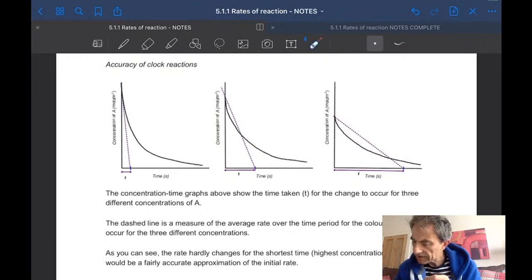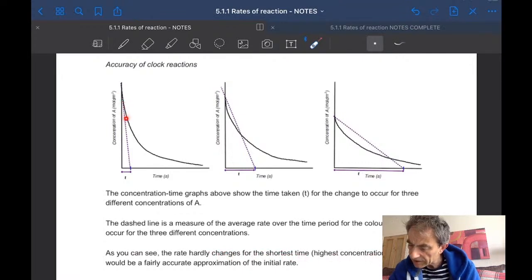so as you can see in the high concentration example, the average rate for the time period, this one here, pretty much matches the gradient, the almost straight part of that curve there. Okay, so as you can see, the rate hardly changes for the shortest time, the highest concentration.